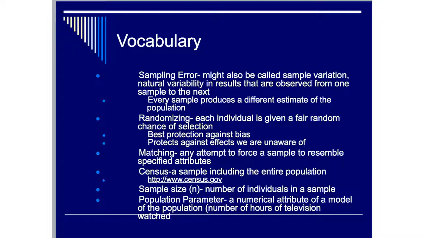A survey that matches is any attempt to force a sample to resemble specified attributes. For example, say our campus is 20% seniors, 25% juniors, 25% sophomores, and 30% freshmen.